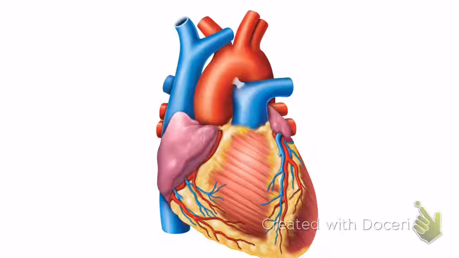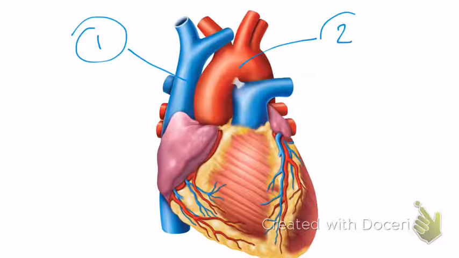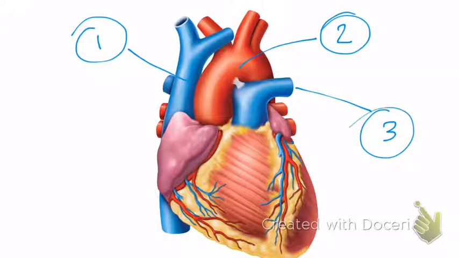Okay, let's try some more from this image. You've got, let's do that one. That one. And that one. Pause the video, try those real quick. Okay, the first one is the superior vena cava. The second one would be the aorta, and I'm not going to be super tricky like you have to put aortic arch, just as long as you get aorta, we're doing good. And then the third one, it's blue, so it's an artery. It's going to the lung, so it's pulmonary artery.